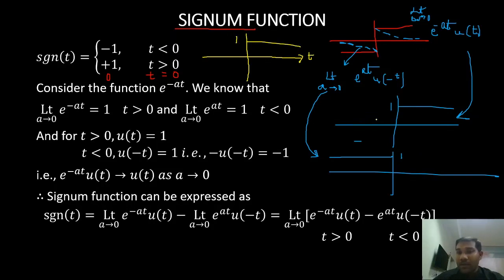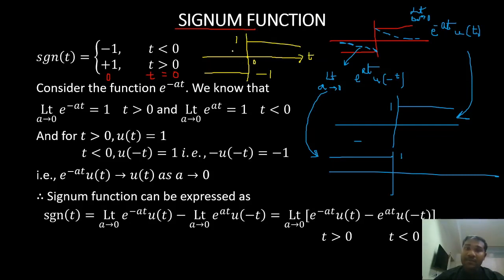On the negative side, in the first signal it is 0, and in the second signal it is 1. So 0 minus 1 is minus 1. And at origin, we have 0. So this is nothing but a signum function.